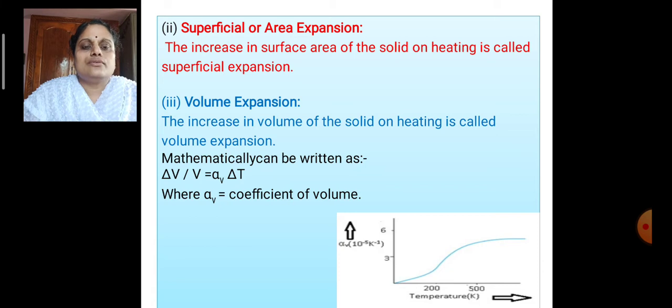In the graph, you can see a plot between alpha V and temperature. As the temperature increases, alpha V increases linearly at first. Then after a particular point, it remains constant.